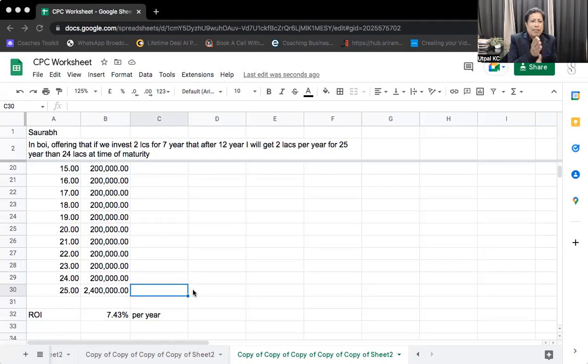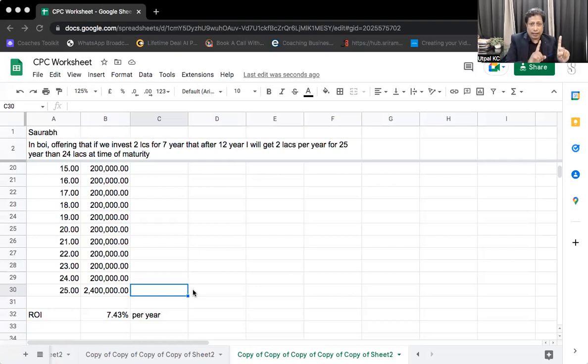Equity and debt have different tax structures. In equity, if you invest for more than 1 year, you will have to pay 10% tax on your gain, your profit. That's the long-term capital gain.